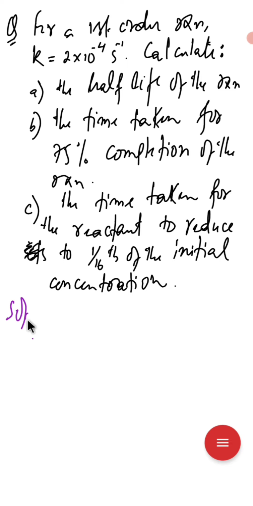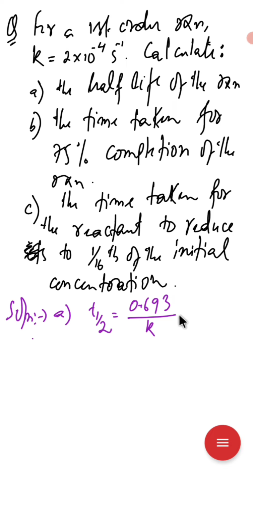Okay, solution. The first one, for a first order reaction, half-life is equal to 0.693 divided by k. This is the relation for half-life and rate constant of a first order reaction.